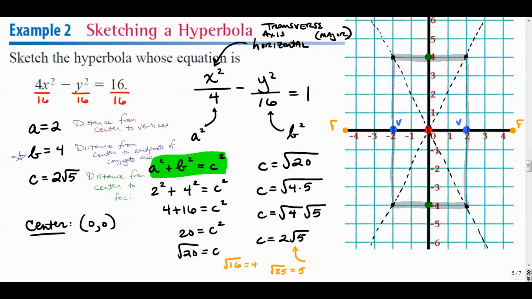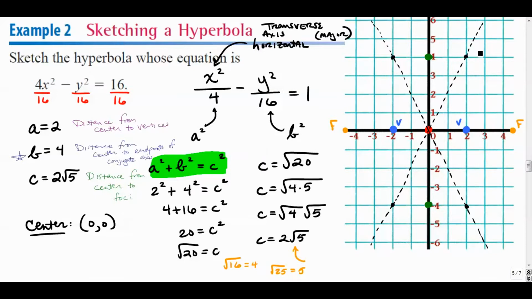But now that we have the basics down, we can really get an idea of how to shape these branches of our hyperbola. So what you're looking at here, and maybe I'll get rid of that box, it's a little bit visually confusing, is how we are going to shape this hyperbola. So let's literally just draw that in there.